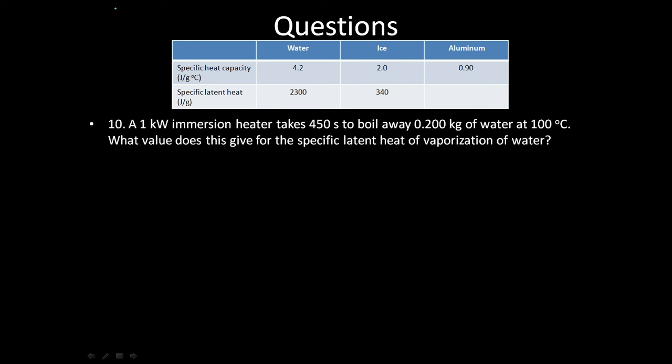Okay, so writing back the equation right here: EH equals MCΔT. EH also equals MLF. EH equals MLV. EH equals PT.